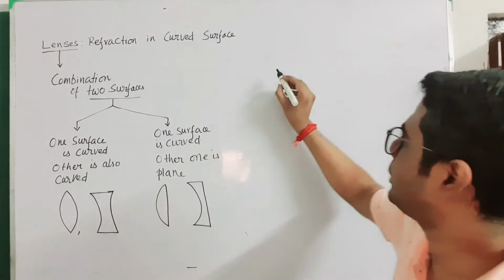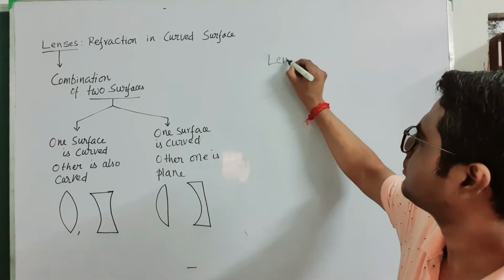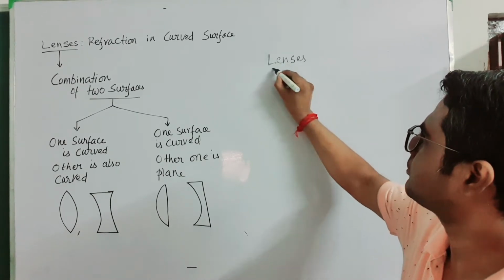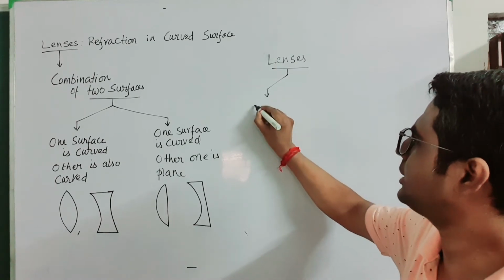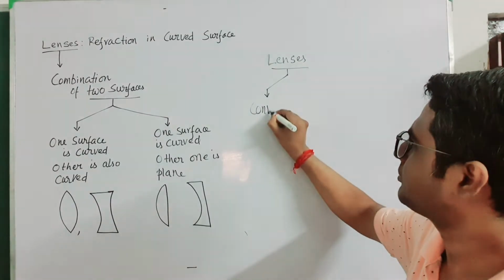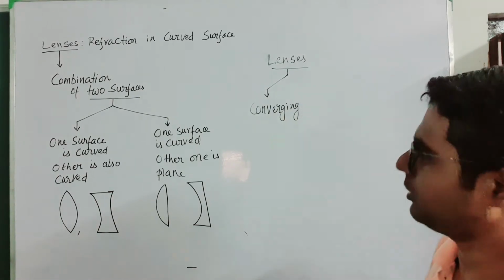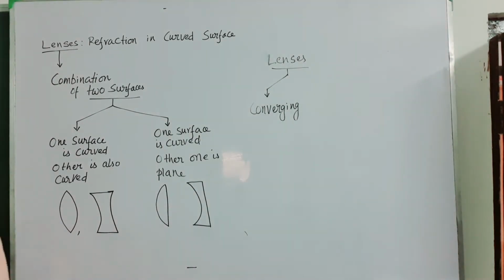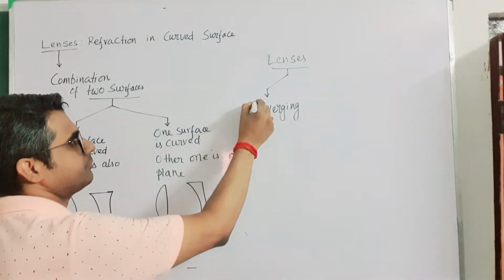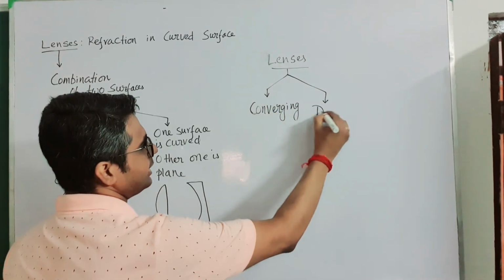Now there are two types of lenses. One is converging type. Another is diverging type.